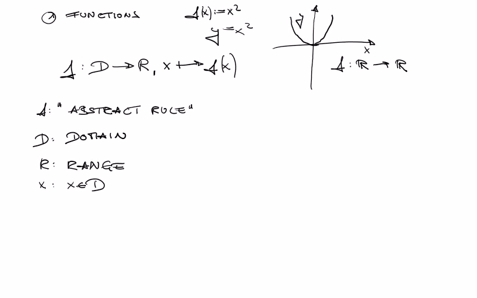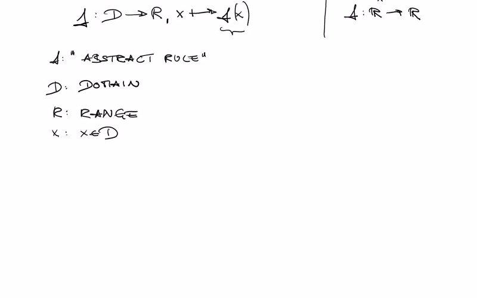And then this arrow, which looks a little bit different from this arrow, says an element of the domain is mapped onto an element of the range, so a value of the function, and this value of the function is denoted by f(x). So that's the value of f at x.